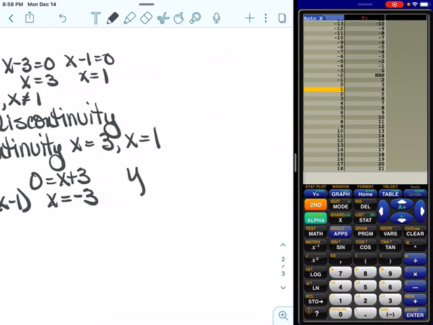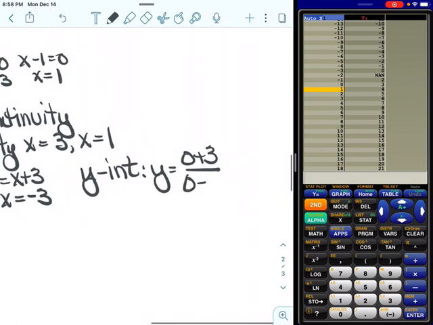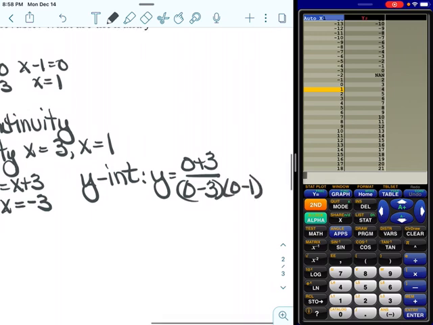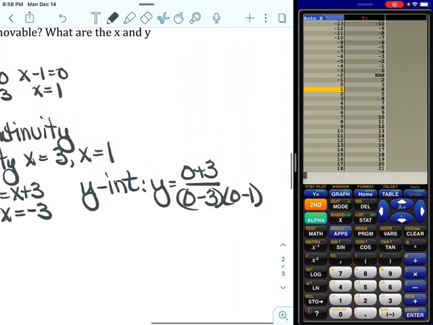And my y-intercept is 0 in for x, solve for y. So y is equal to 0 plus 3 over 0 minus 3 times 0 minus 1. Okay, so this is going to be 3 over 3, which is equal to 1.